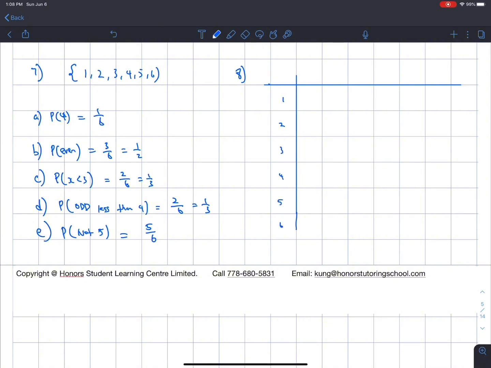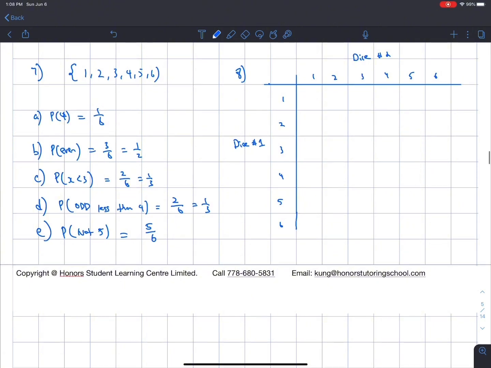This is dice number 1, and dice number 2. They are mainly looking for sums when I look at the question, so I'm just going to add them up. 1 plus 1 is 2, and then 1 plus 2 is 3, and then I will just continue.